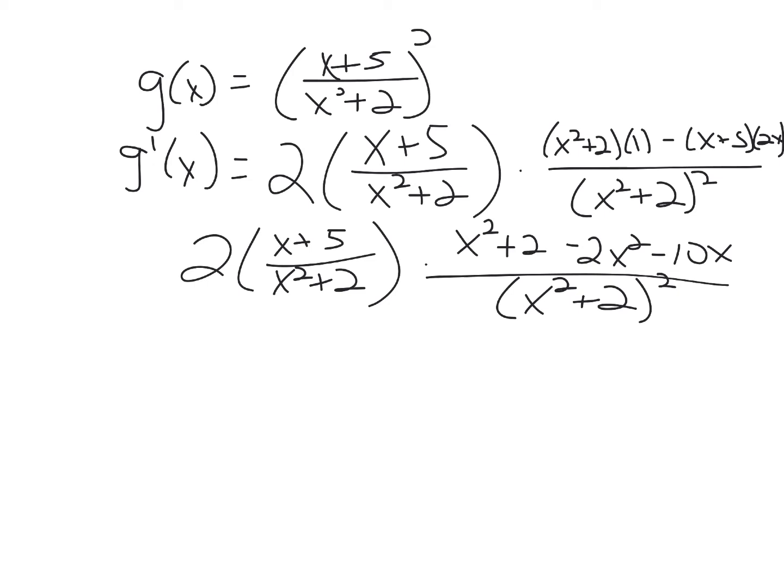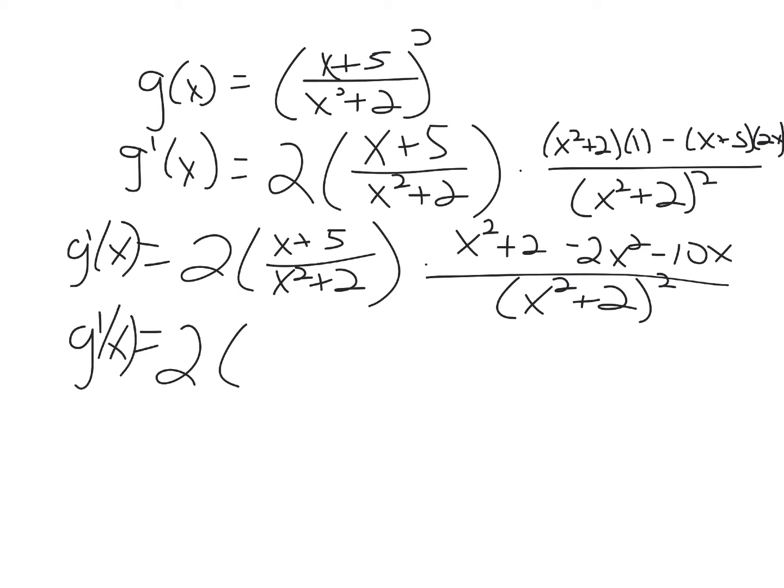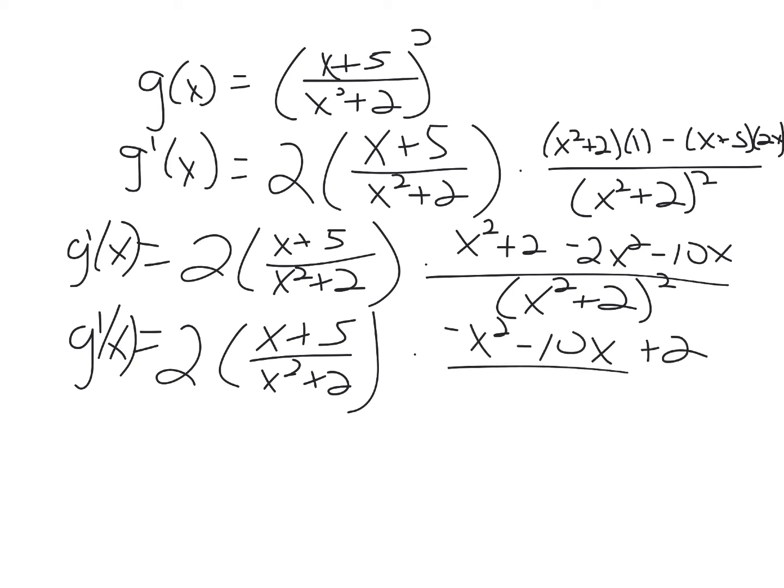Now, more simplification. Let's have our right notation. And when we do that, we're going to get x plus 5 over x squared plus 2, and we're going to get negative x squared minus 10x plus 2 over x squared plus 2 all squared.